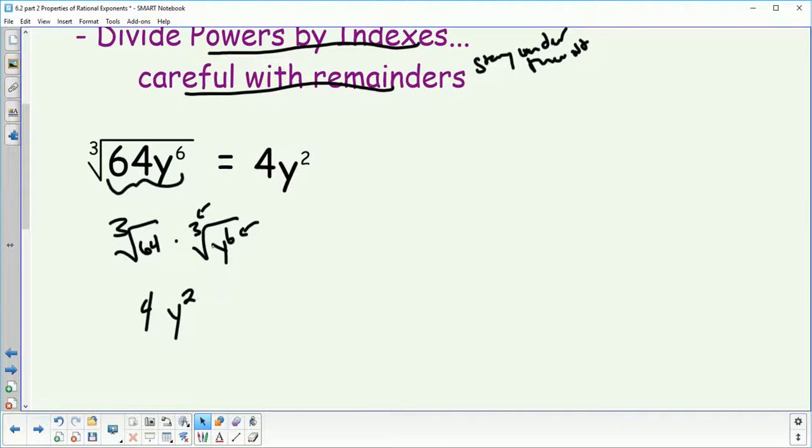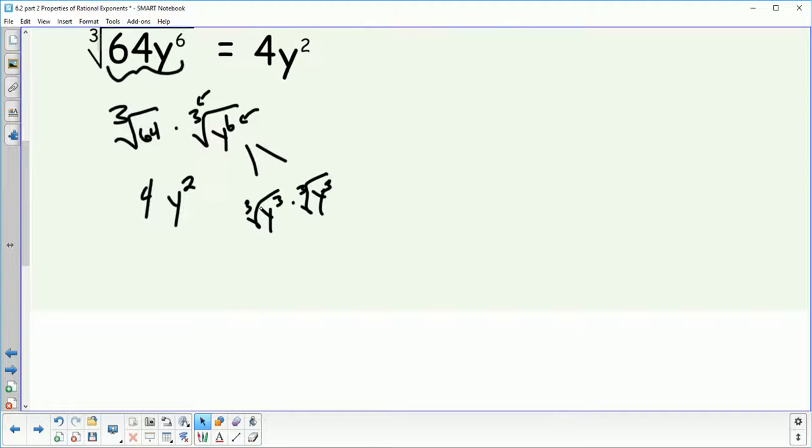The other way to look at this is we could also say y to the 6 is like the cube root of y cubed times the cube root of y cubed. I just split those into 2, and anytime you take the cube root of a cube, it just simplifies out to y, and it simplifies out to y here, and putting those back together would give us our y squared. That's a little longer.